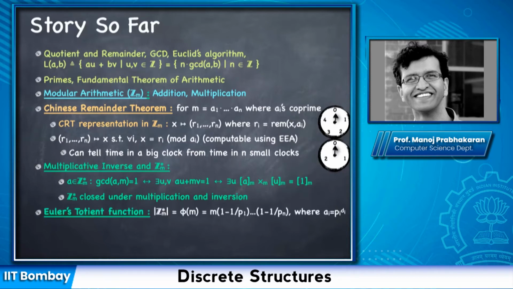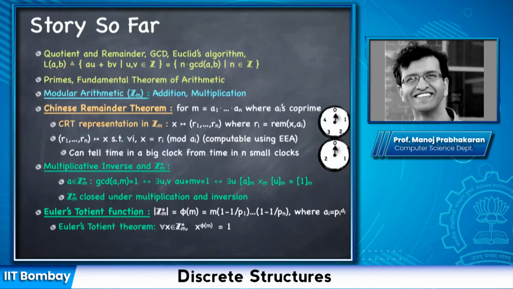And we also talked about Euler's totient function, which measures the size of Zm star. And it has a simple formula once you know the prime factorization of m.